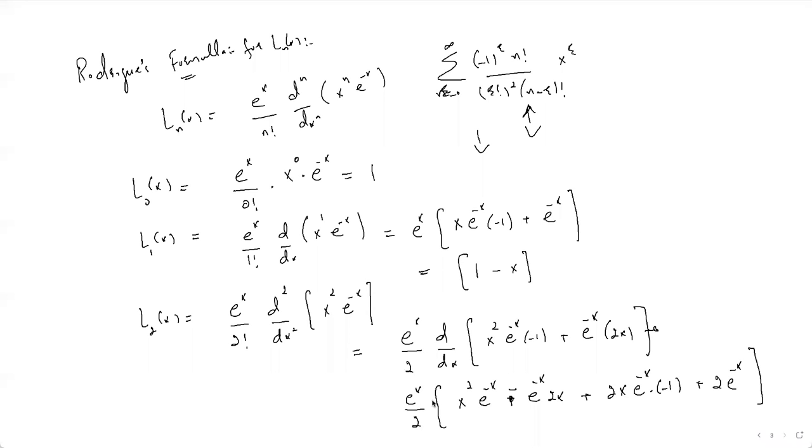Let me just multiply by this e to power x. I will multiply this first by that. So I will write this is 1 by 2. This will be x square e to power x into e to power minus x, it will be 1, then minus 2x, then minus 2x again, minus 2x plus e to power x into e to power x, it will be 2 plus 2.